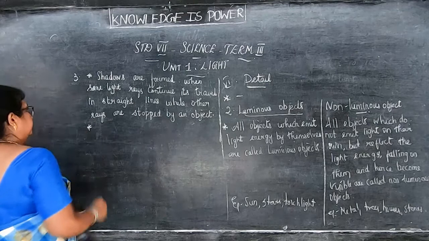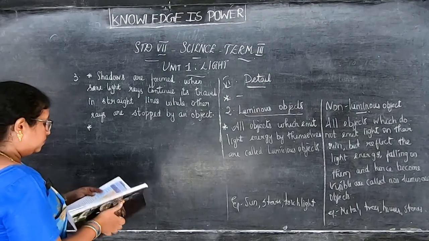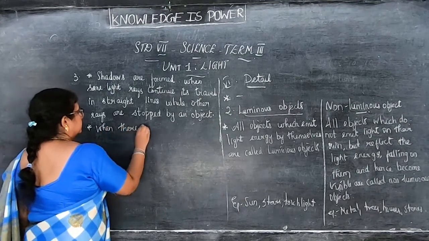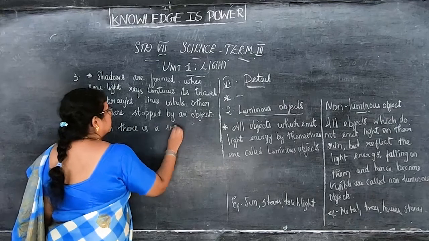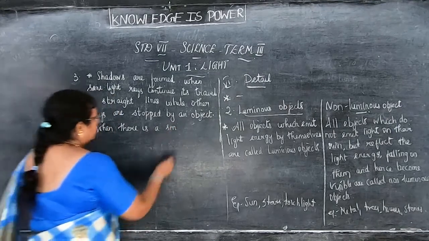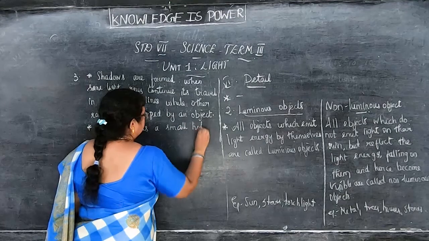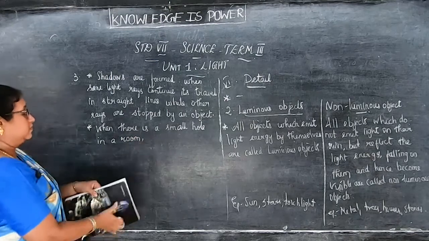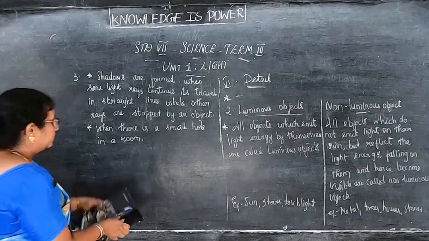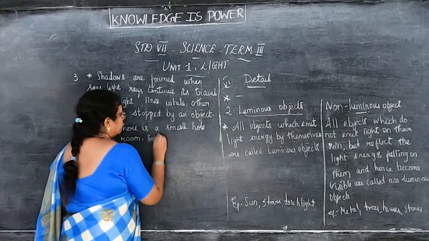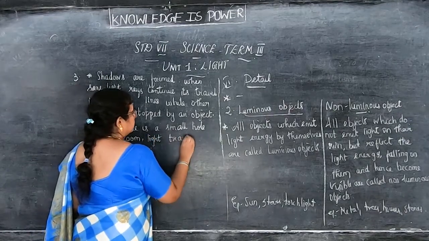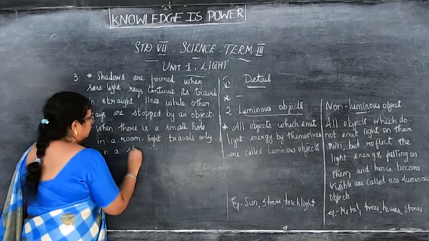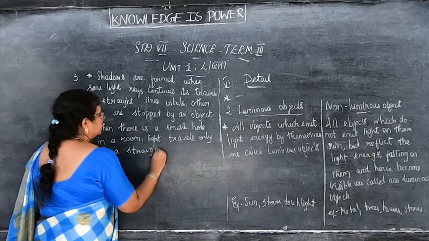The next point, when there is a small hole in a room, light travels only in a straight line.